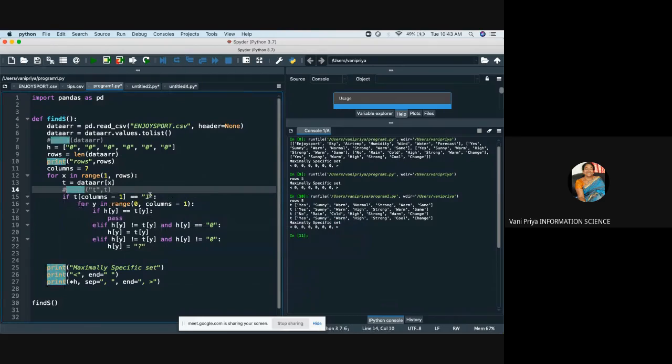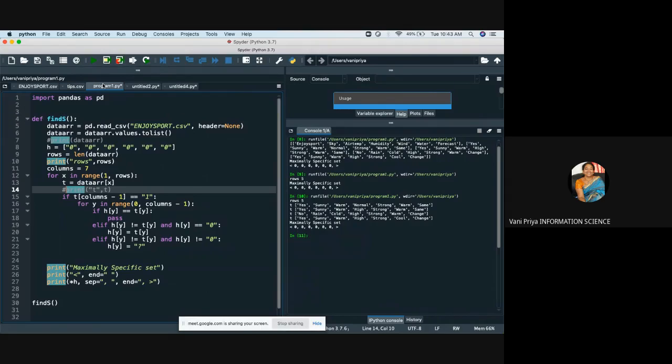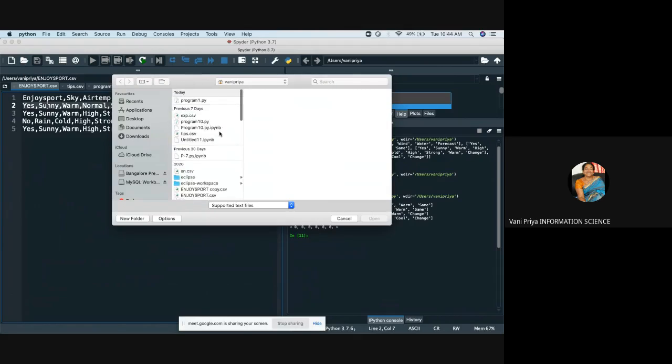Next, how do you know whether that particular training example is positive or negative? Here the first column, the first attribute, is the target attribute. So we can write if columns minus 1 is equal to 1. Oh, I'm sorry, I'm using another data set, not this enjoy sport. There are 2 enjoy sport files here.